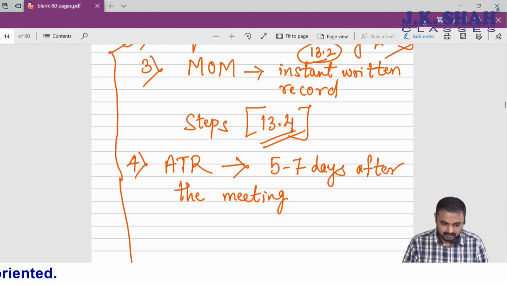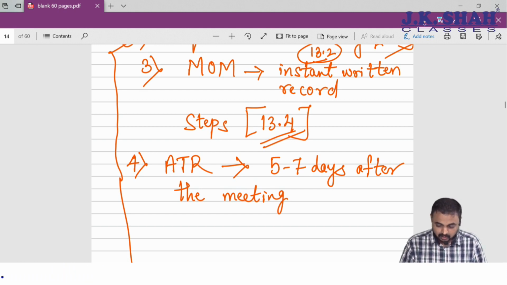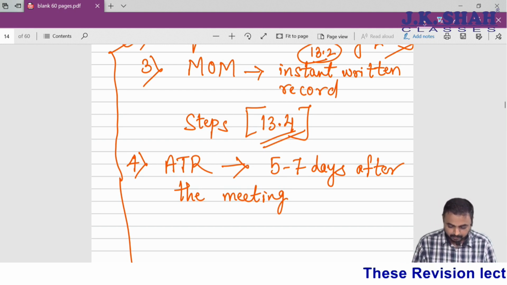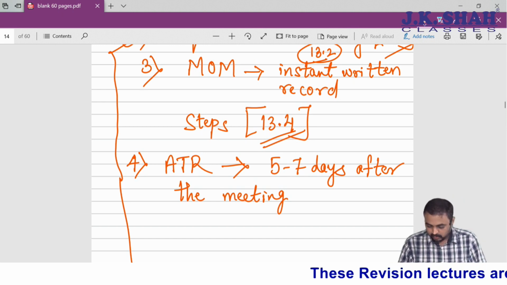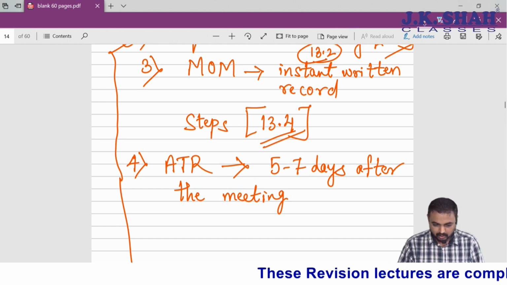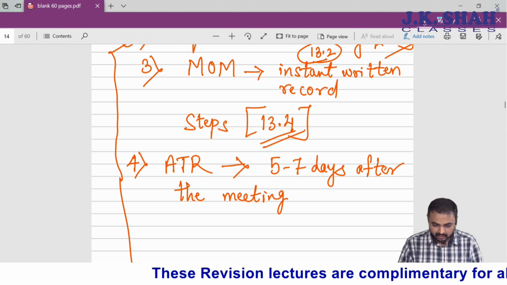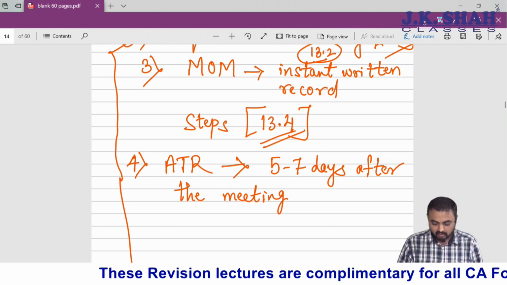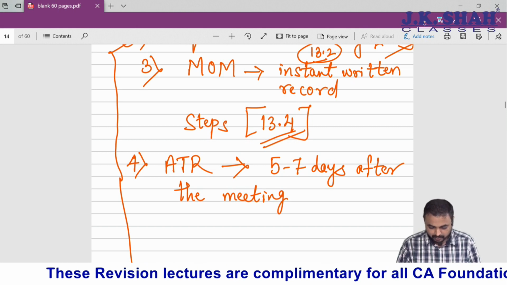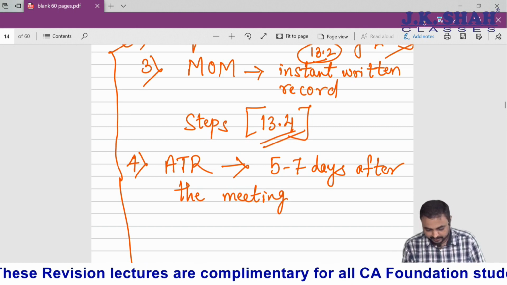It is necessary so that the various participants don't have a different recollection of the meeting. There are certain steps to be followed, which is given on page 13.4. It covers pre-planning, record taking at the meeting, minute writing process, circulating or sharing minutes of the meeting, filing or storage of meeting minutes.